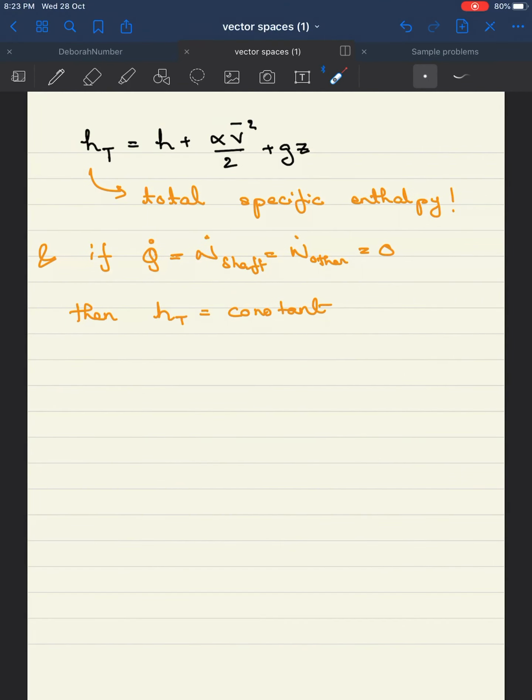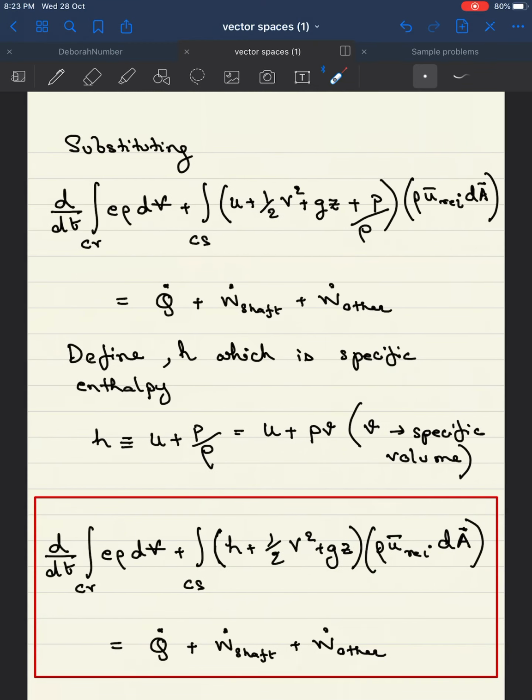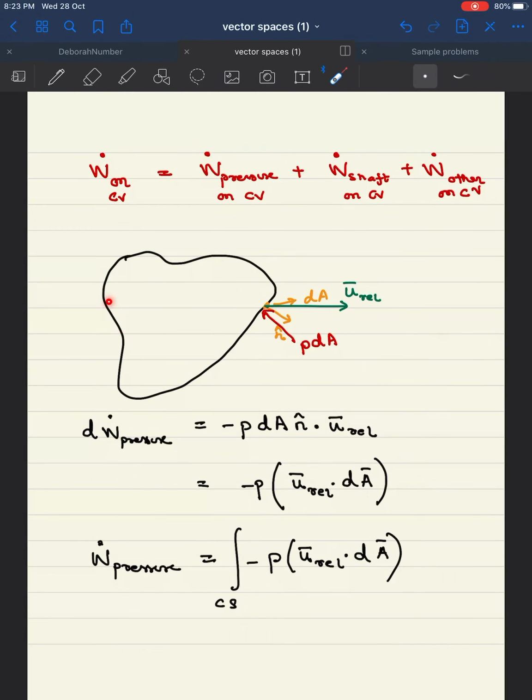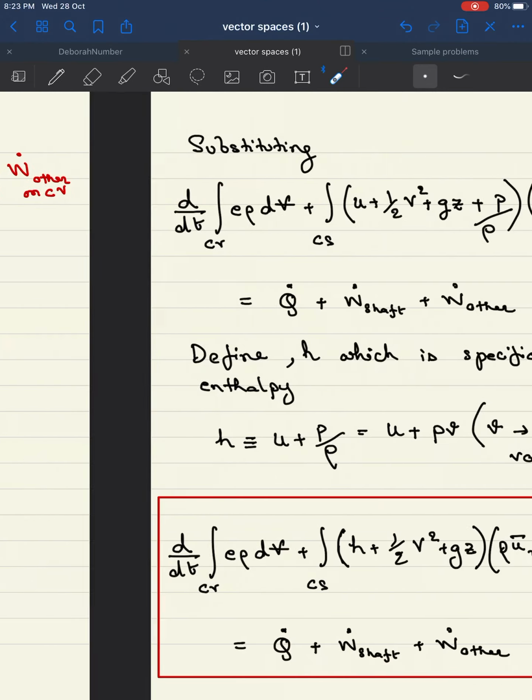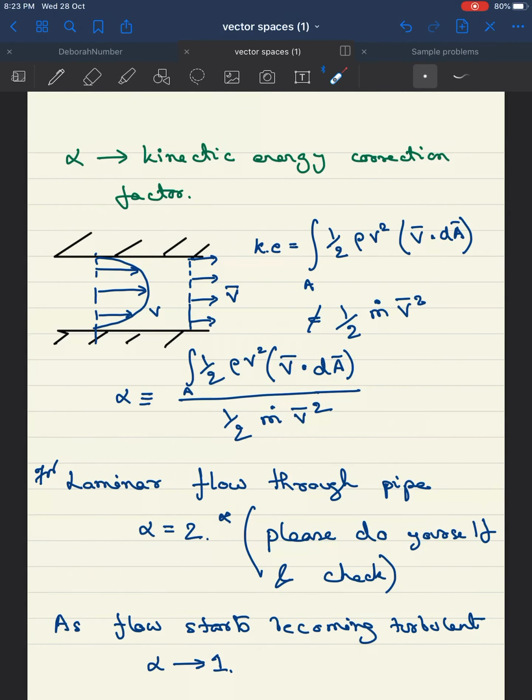So when would something like this happen? For example, if the control volume surface is adiabatic, and there are no pumps doing shaft work, and there is no other work going on in the system, then your specific enthalpy would remain constant.